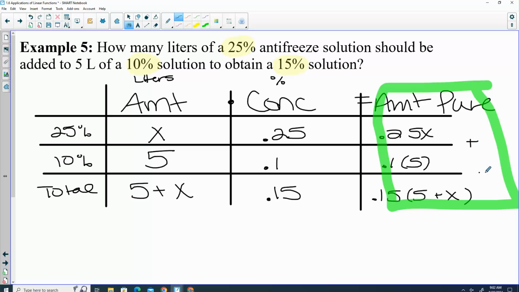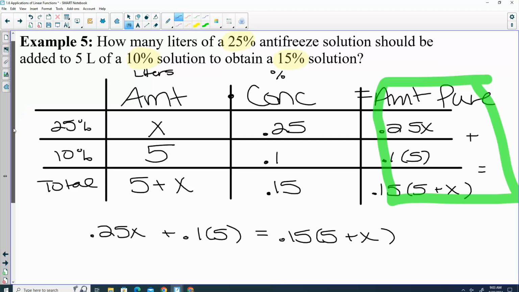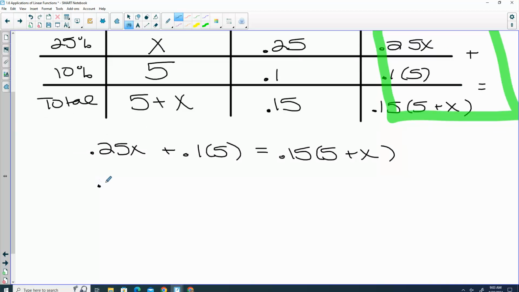Right. This is how much antifreeze you had in the first one. That's how much in the second one. This is the total. So you add the two to equal your total. So then we multiply it out.